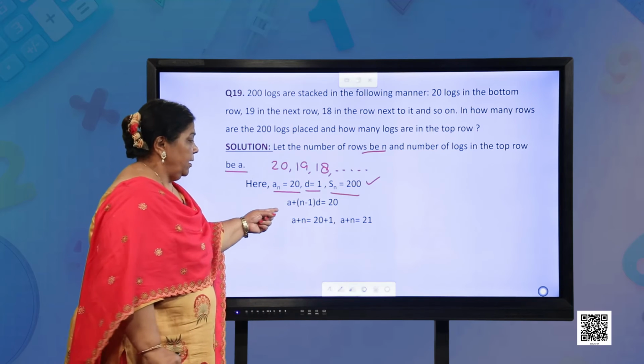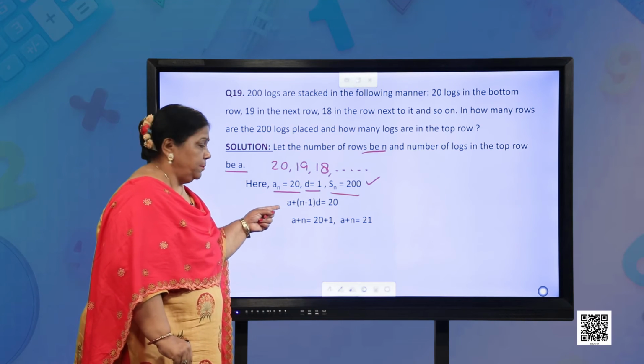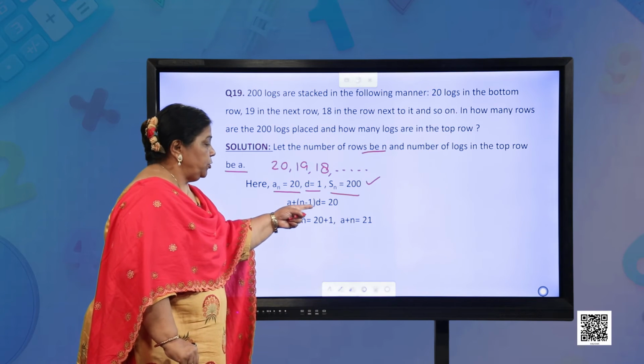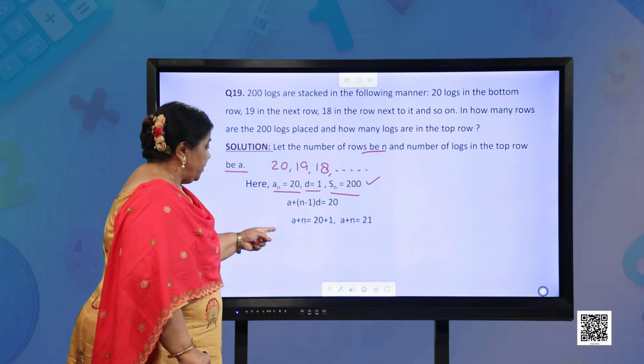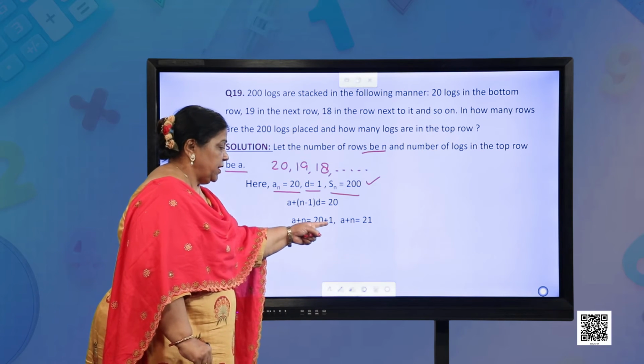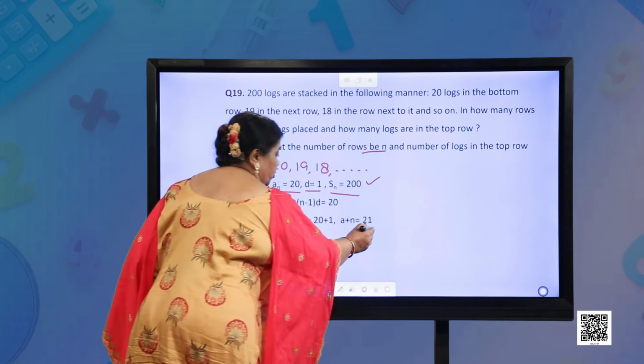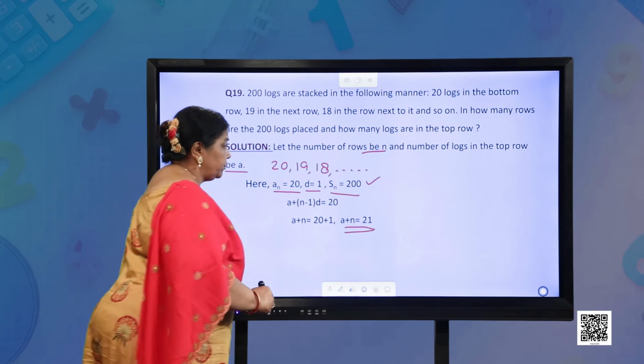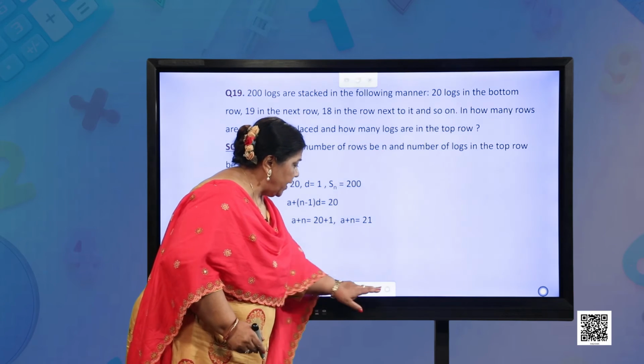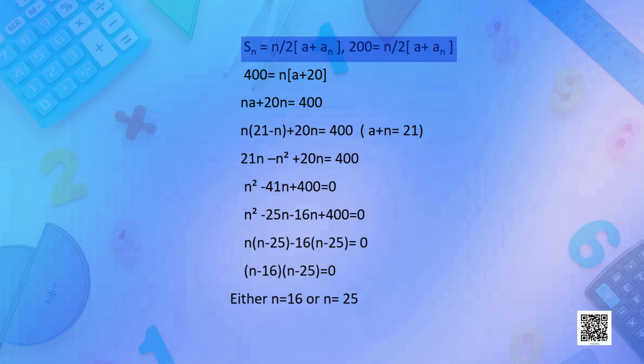So, using the formula for the nth term, a plus (n minus 1) into d is equal to 20. I can write a plus n is equal to 20 plus 1, or a plus n is equal to 21. Now, using the formula for the sum, Sn is equal to n upon 2 into (a plus a n).